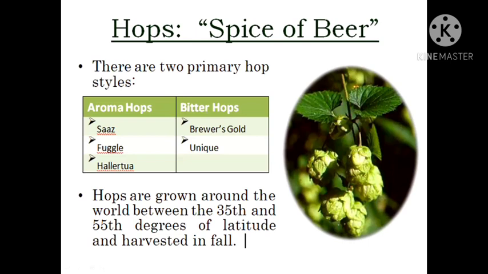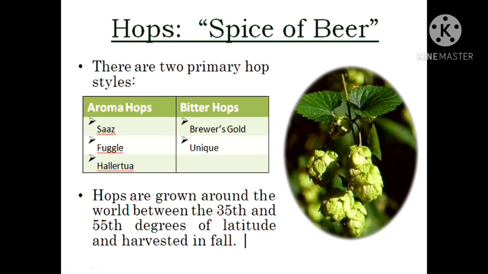So as you can see in this slide, there are two primary kinds of hops. The first one is very aromatic hops, and the other one is bitter hops. Bitter hops give bitter flavor to the beer, and aromatic hops give a very aromatic flavor to the beer.